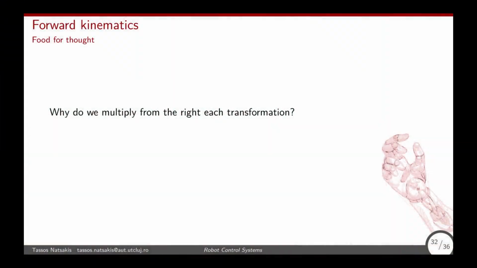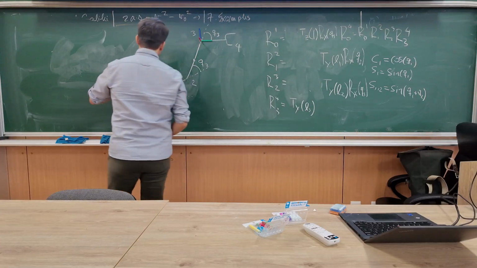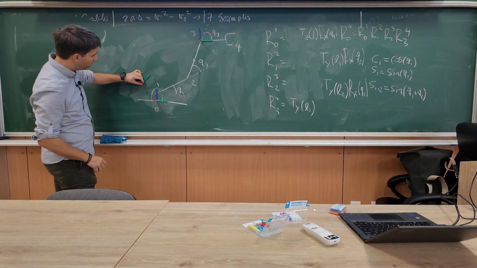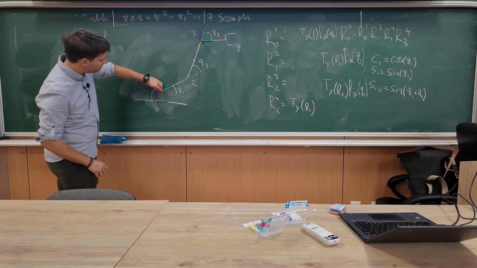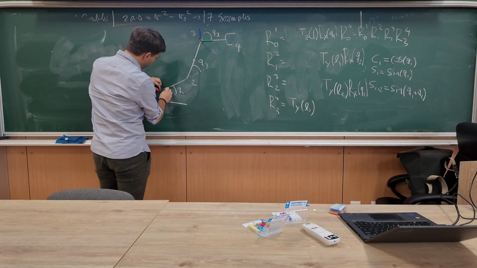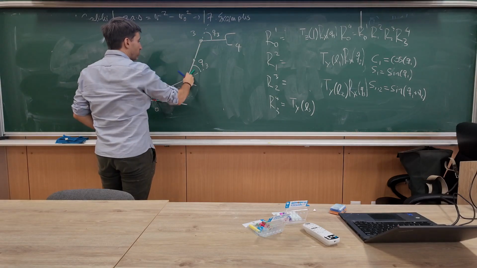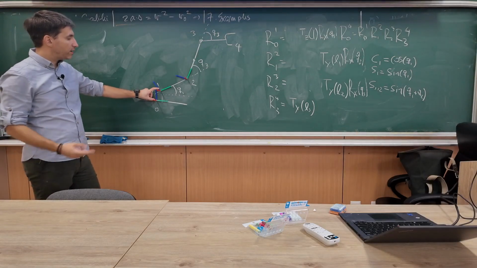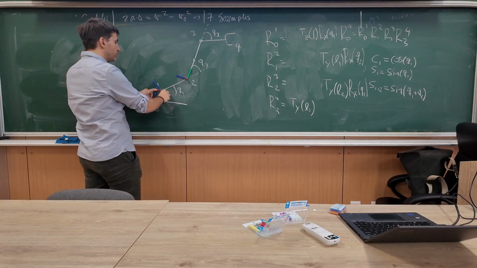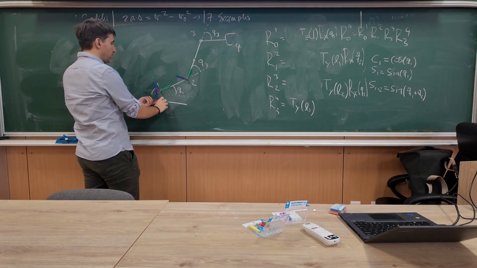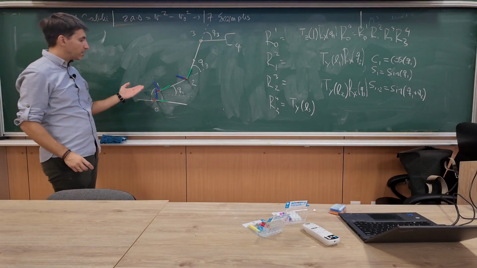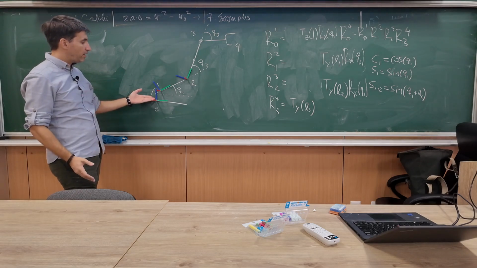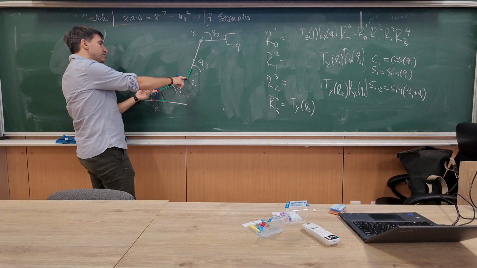Why multiply from the right its transformation? So basically, why do we do this? So if I have, let's say, this transformation, and I want to go here, why do I start from R0,1 and I multiply from the right R1,2? That's because it's exactly the same thing. Now, I know how I go from this frame to this frame, right?